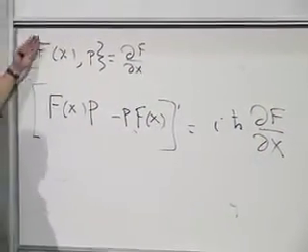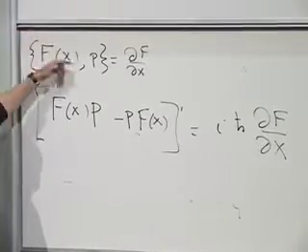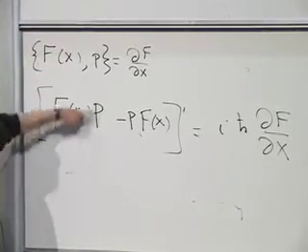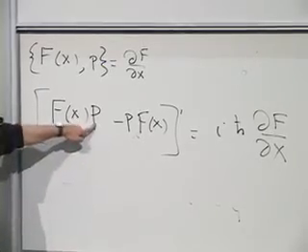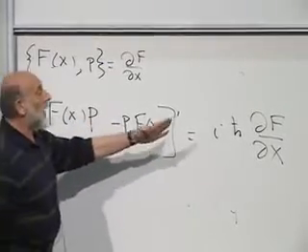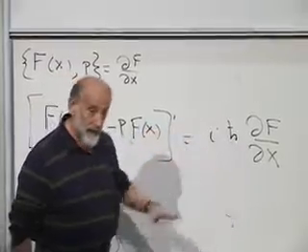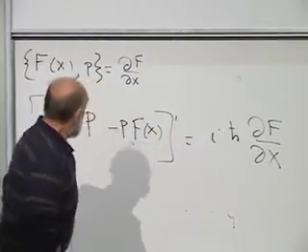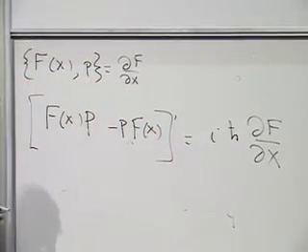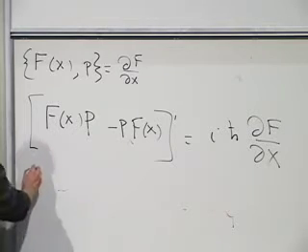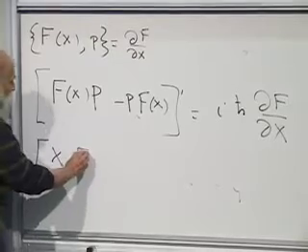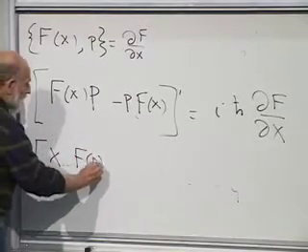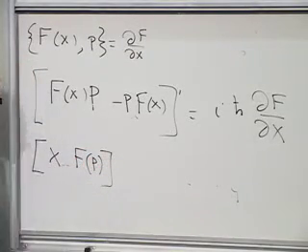Well, let's just compare that. Poisson bracket with p gives us df by dx. Commuting with p gives us I h bar df by dx. We could also do a similar calculation to find out what the commutator of x with a function of p is. This is easy for one reason.